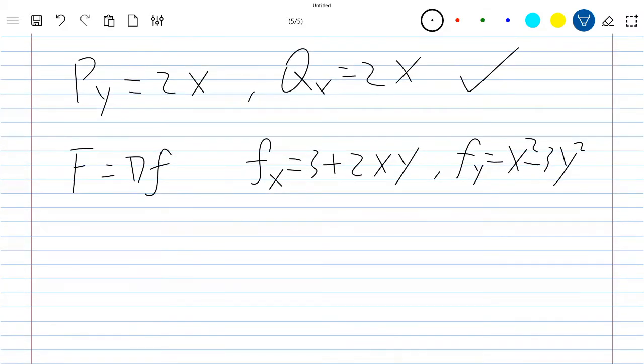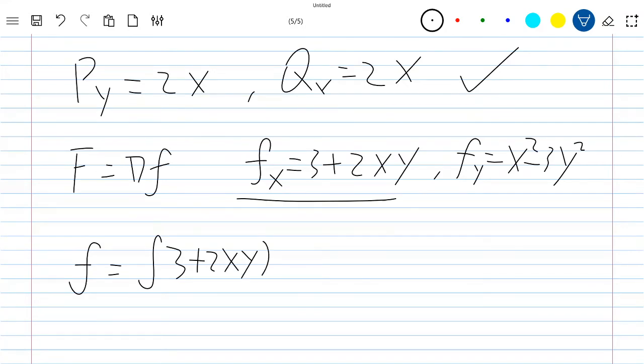Alright, how do we find f? f equals the integral of P over x. Then you will get 3x plus x squared y. Well, if you just leave it like that, it's not going to work.